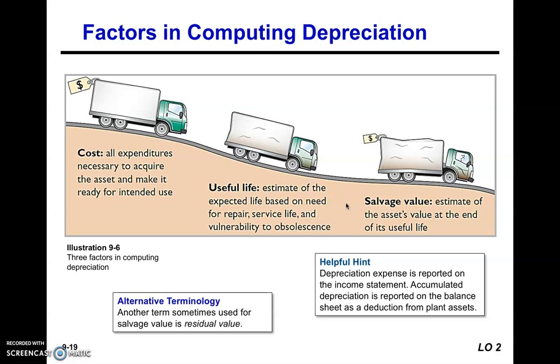So sometimes the salvage value is 0, and sometimes it's given to you in a homework or exam question. The other name for salvage value is residual value, what is left of the cost of the asset that we can sell at the end of its useful life, or sometimes during its useful life.